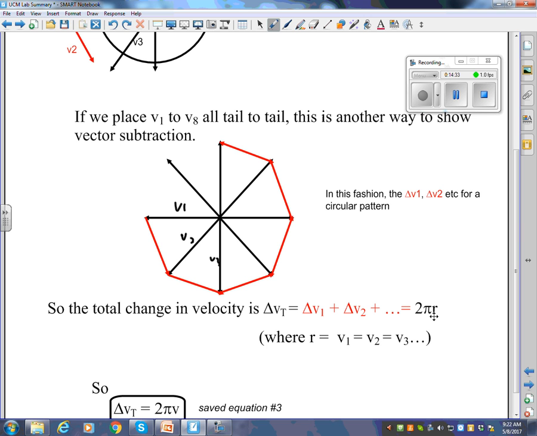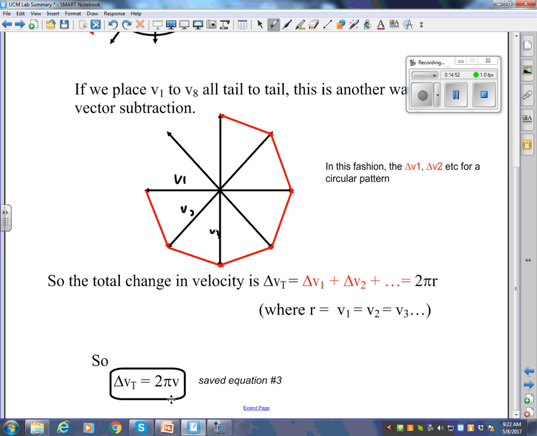What is the value of r in this red circle, in air quotes? It's the black ones, which are V1, V2, V3, all the same, where r is v. So 2 pi r becomes 2 pi v. Delta Vt is 2 pi v.